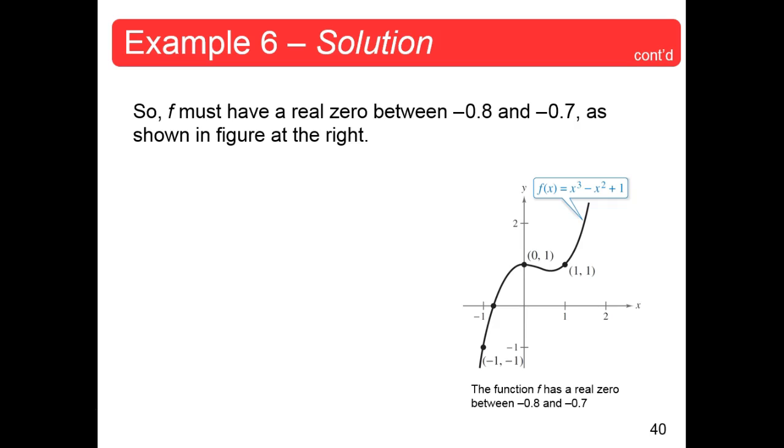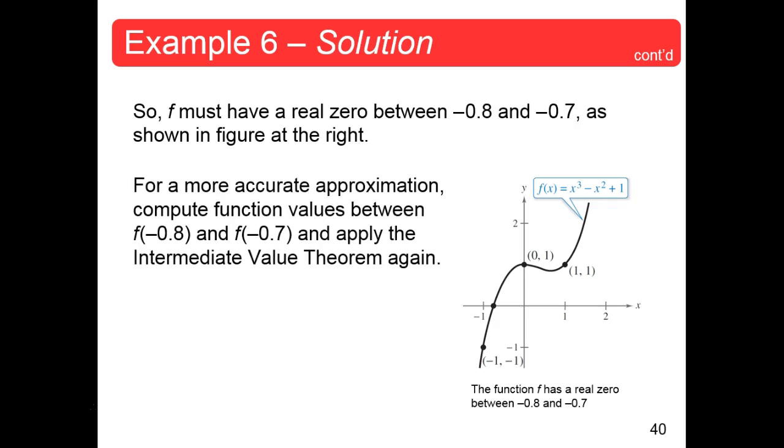Okay? And they show the figure. I don't know why they didn't do that earlier. They say for a more accurate approximation, compute the function values between those two. And when you get one that's like this one's down here, this one's up here.